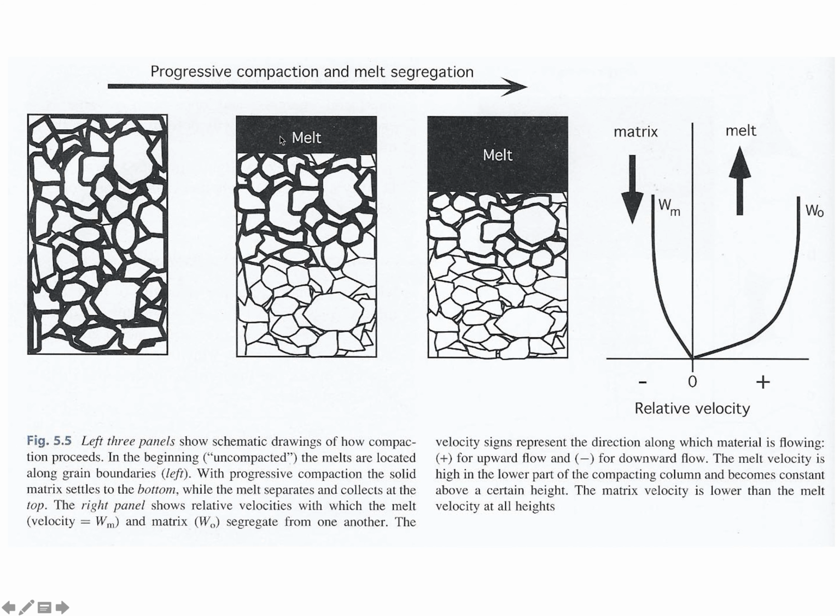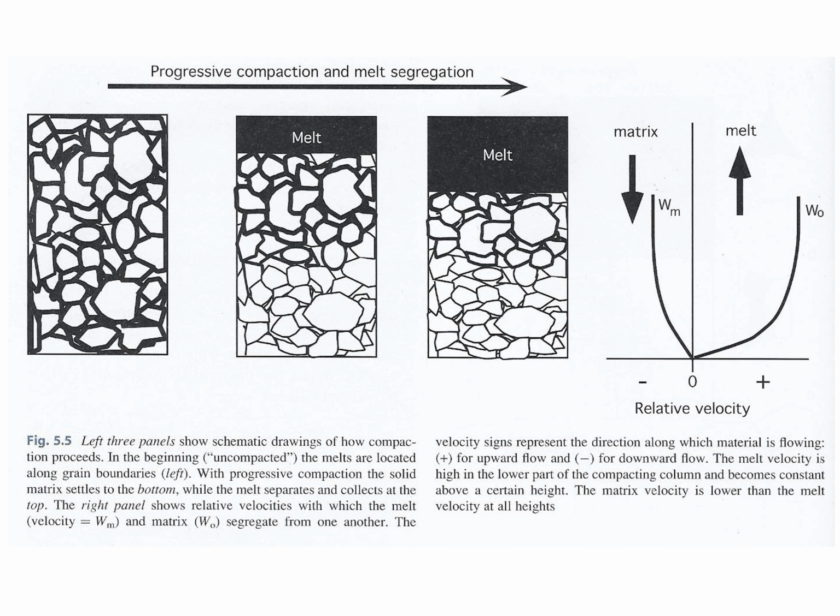And here at the upper part we have just melt. So, with progressive compaction, the solid matrix settles at the bottom, while the melt separates and collects at the top, yeah, because the melt has a lower density and then it is rising up to the top.